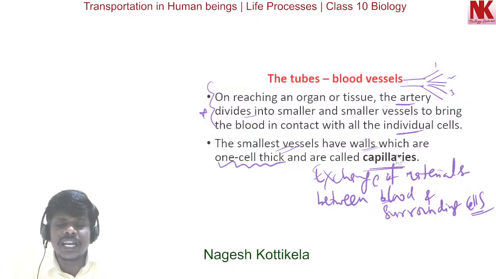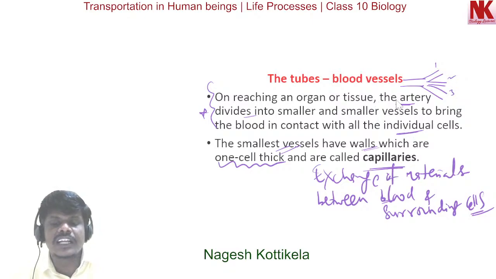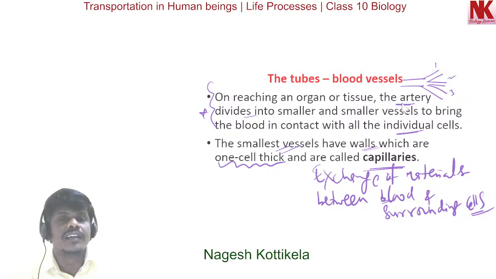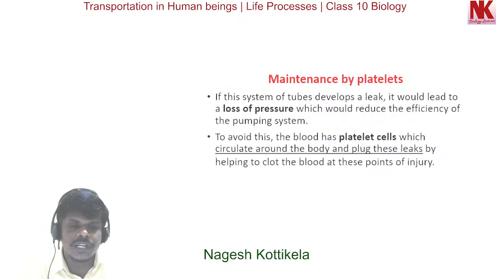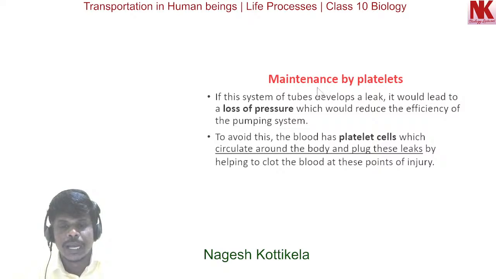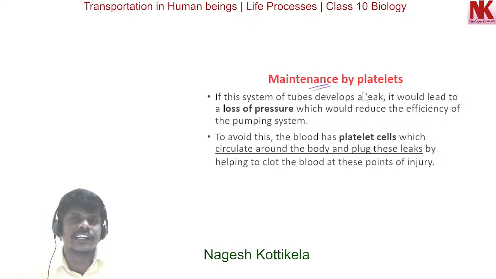The capillaries then join together to form veins that convey the blood away from the organ or tissue. So the artery brings the blood towards the tissues, and the veins carry the blood away from the tissues. Moving to the next, maintenance by platelets.